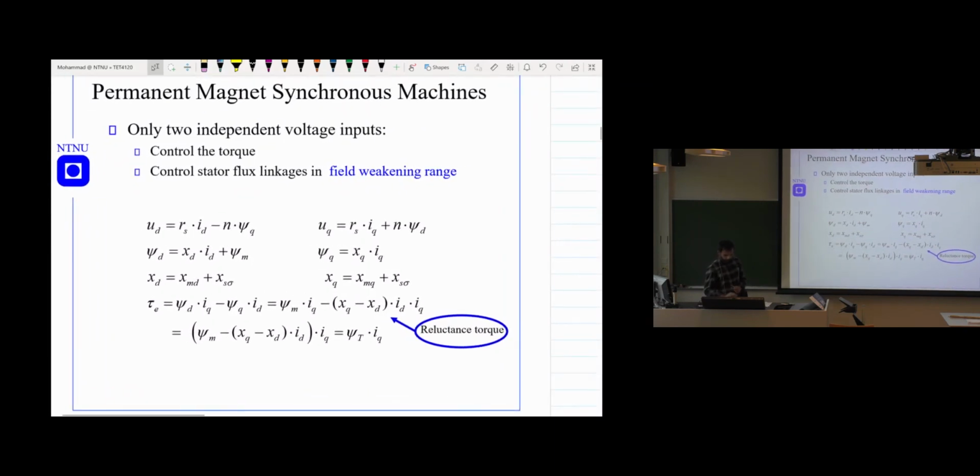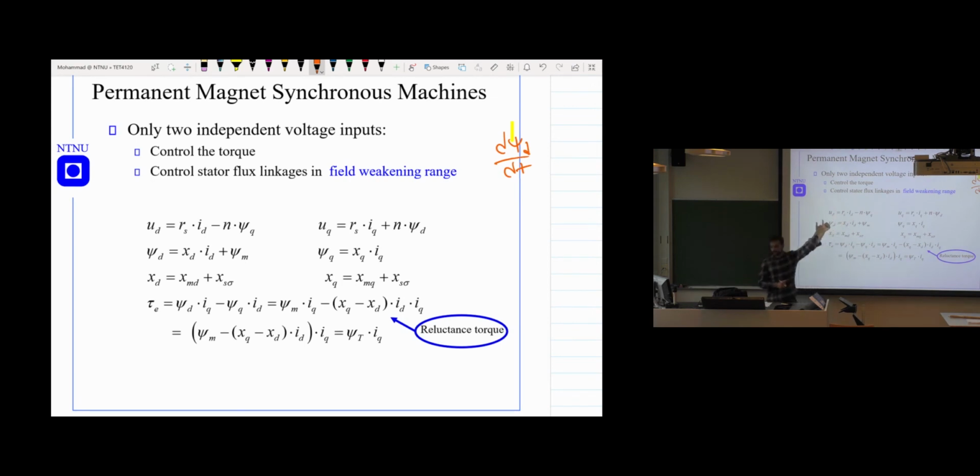So now we are here in the permanent magnet machine. Now we have the machine equation, and we see that we have the two differential equations. They have d psi d over dt, which is the derivative term in the differential equation when we develop the model.